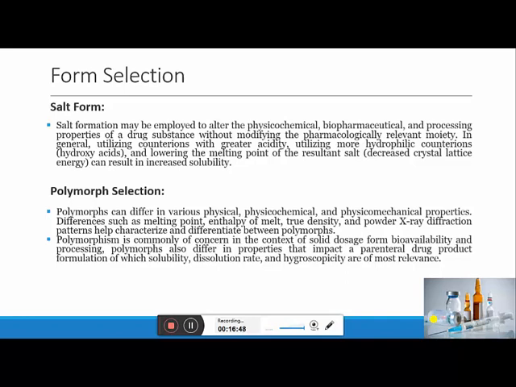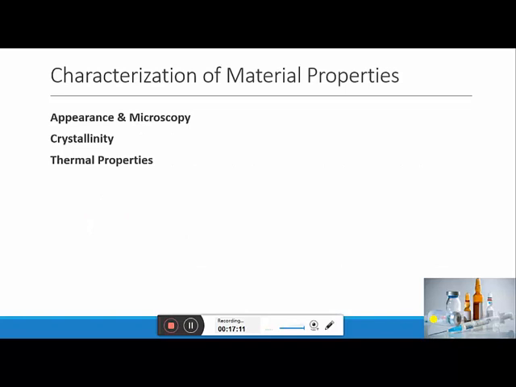And if water is incorporated into the crystal lattice, it is called a hydrate. Hydrates have greater stability in comparison to the anhydrous form, and anhydrous forms have greater solubility but less stability. So depending upon the requirement, forms are selected for the final formulation development.